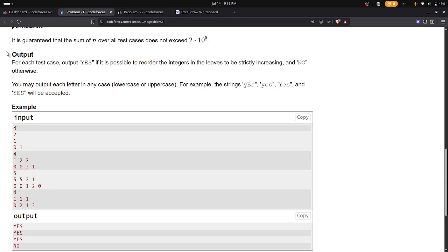I think we'll just come from root to leaf to root and check whether we can sort the child of a particular node.